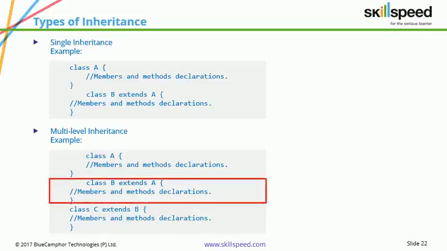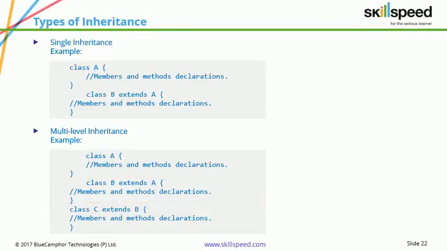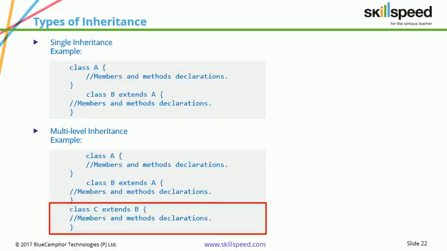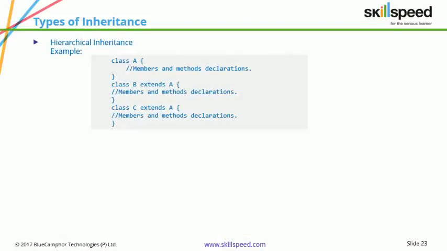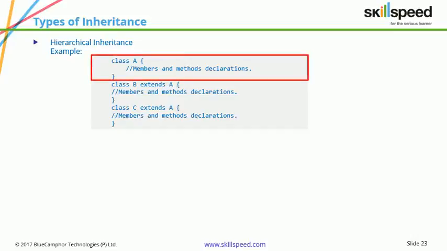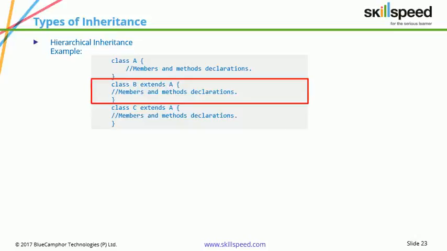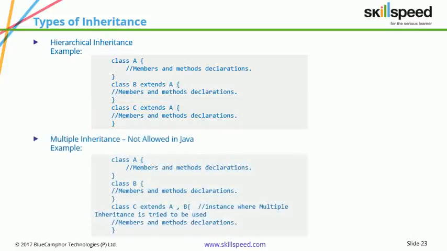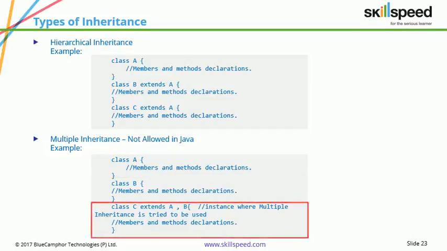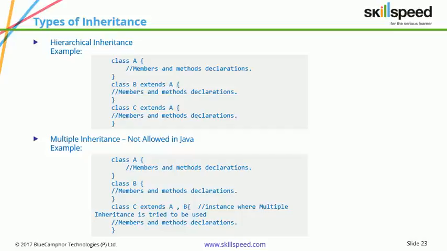Then class B extends class A, and finally class C extends class B. Then the example for hierarchical inheritance: class A is declared with the members and methods, then class B extends A, and then class C extends A. Final example for multiple inheritance, which is not allowed in Java: class A is declared, class B is declared, class C extends A, B.